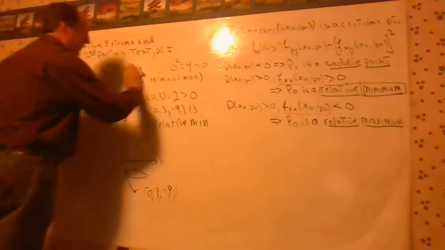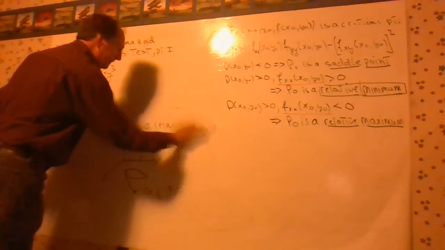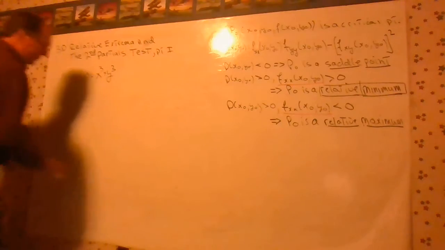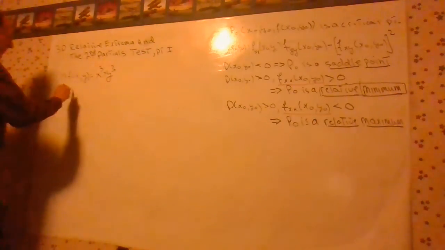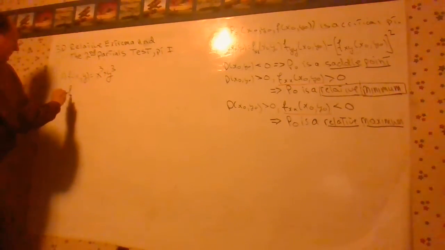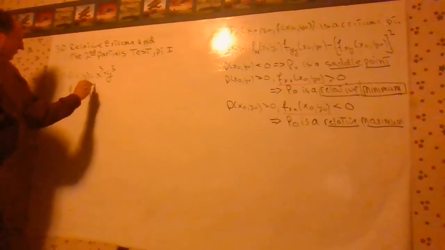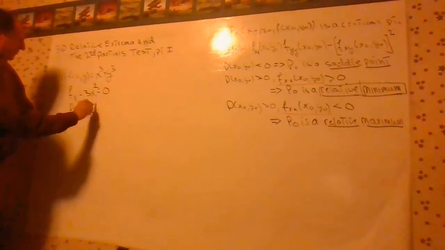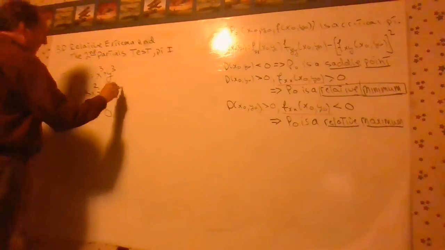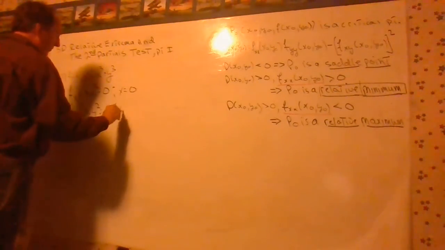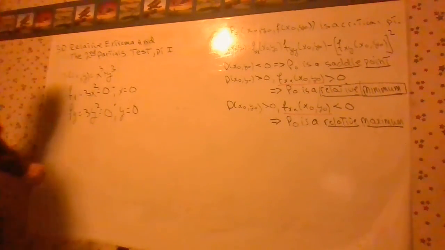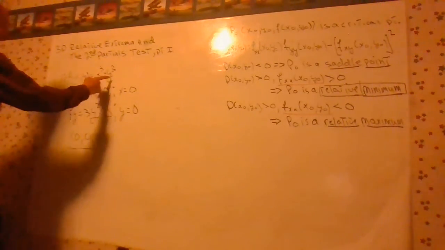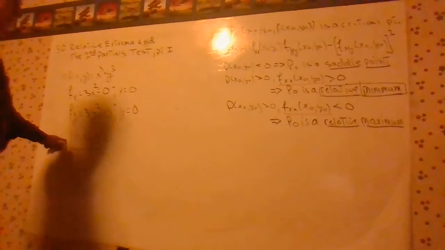We'll look at a higher order, a higher degree function. x cubed plus y cubed. f x is 3x squared equals 0. f y is 3y squared equals 0. x equals 0. y equals 0. So we have 0, 0, 0. You plug 0 in, you get 0. That's our one critical point.